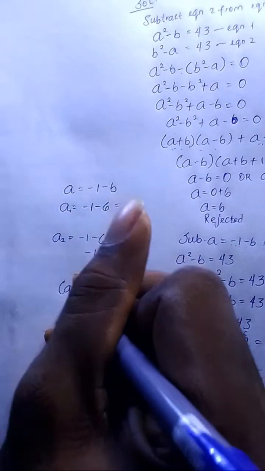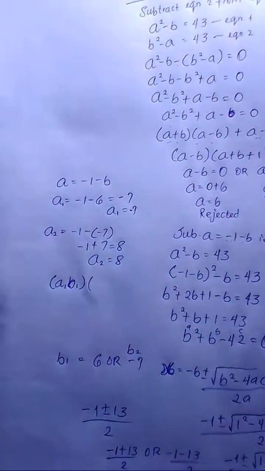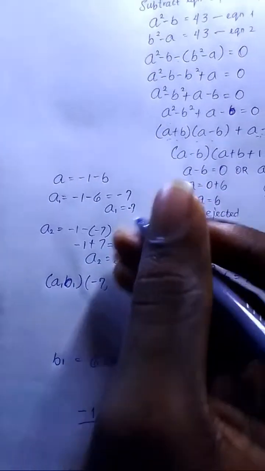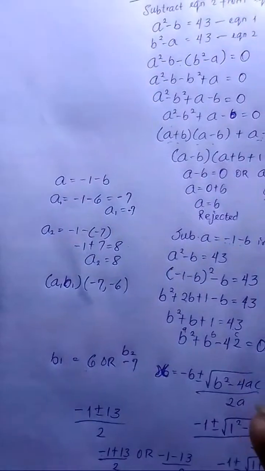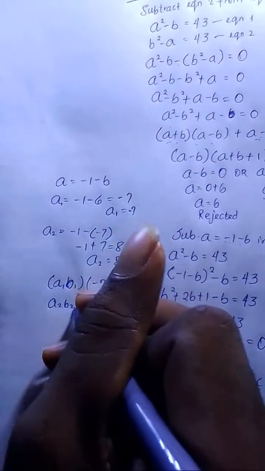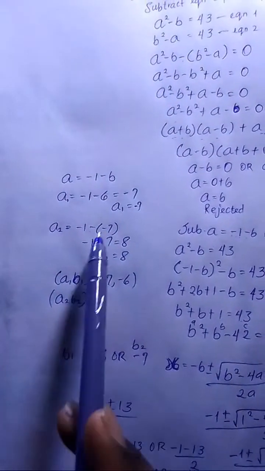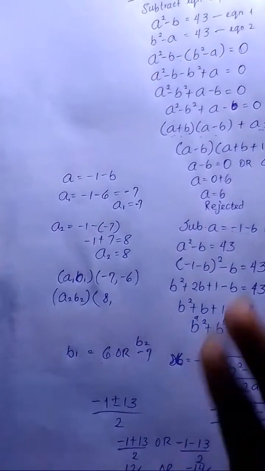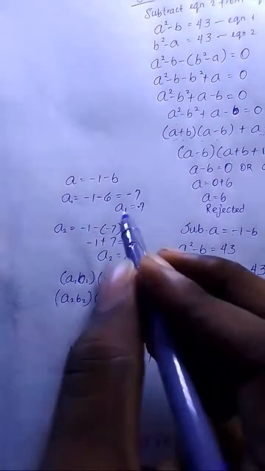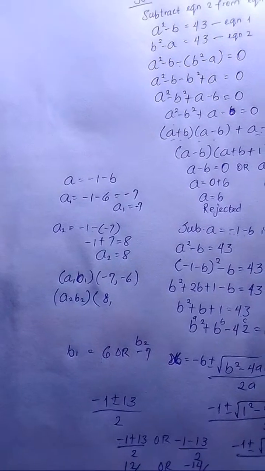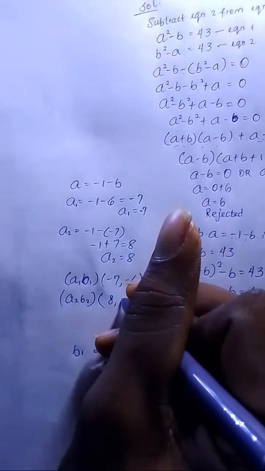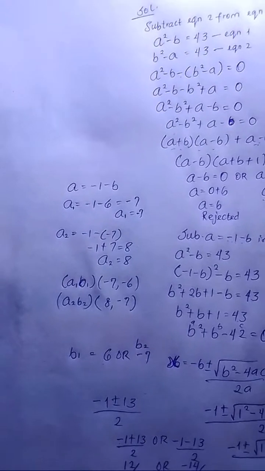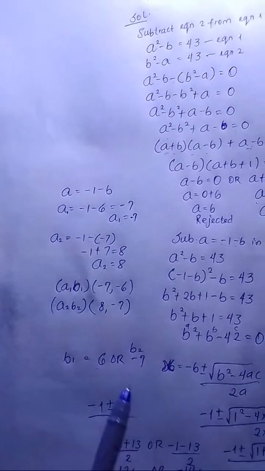A1 is minus 7 and B1 is 6. A2 is 8 and B2 is minus 7, right?